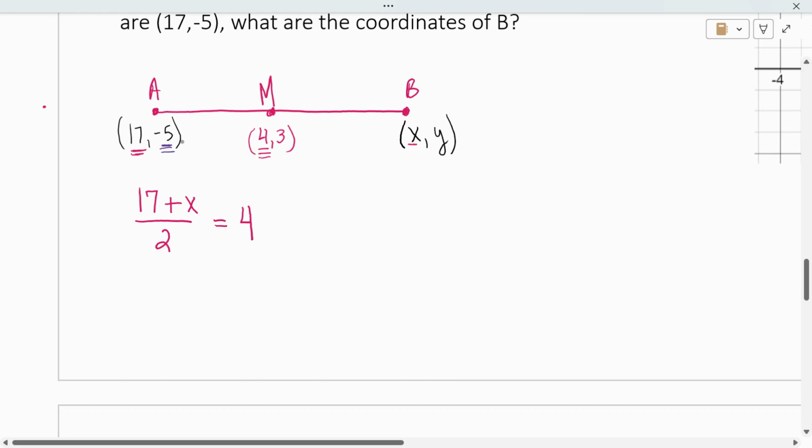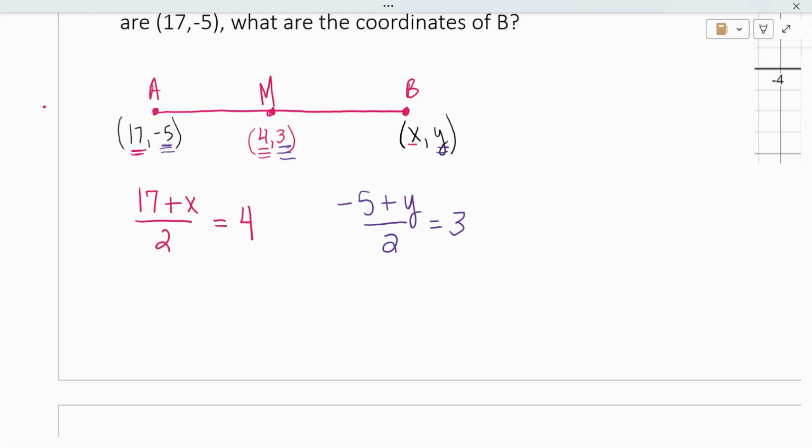Negative 5 plus y all over 2 is going to equal the y coordinate of the midpoint. Okay, so now we just have to solve it. How are we going to go about doing that? What are you thinking? Any ideas?